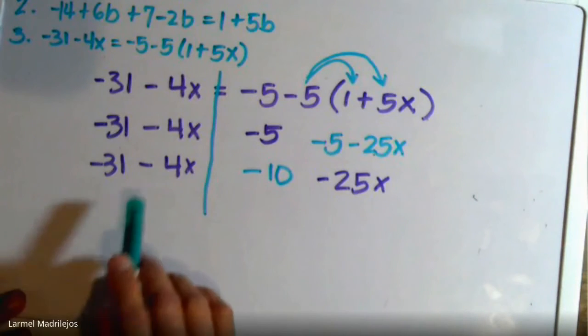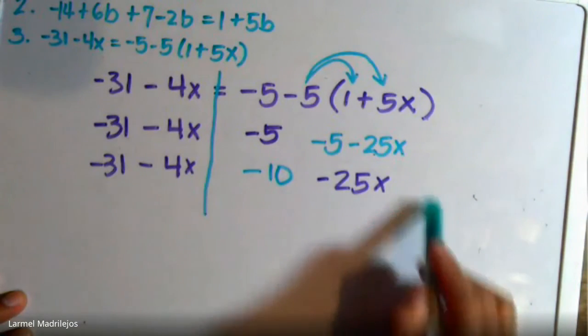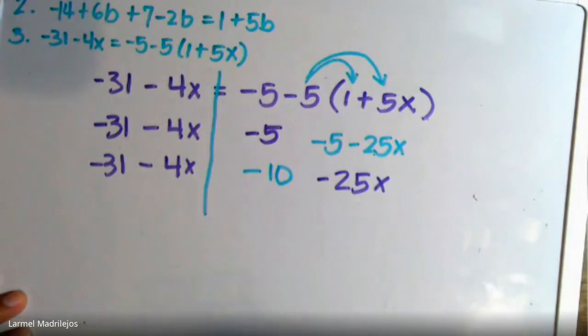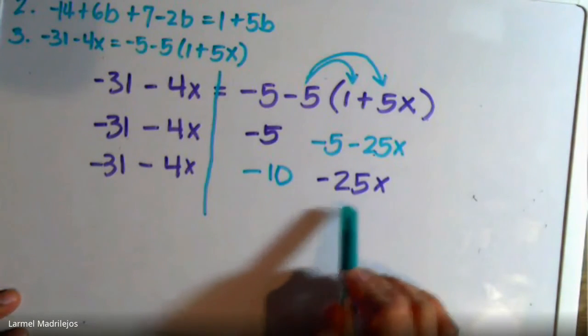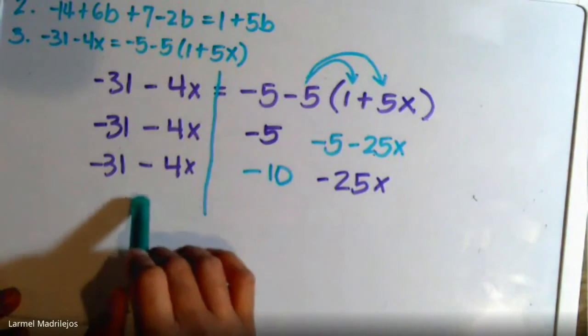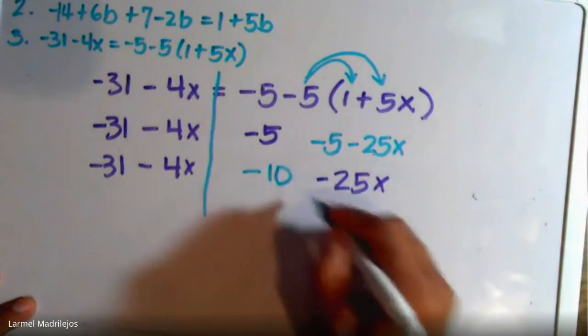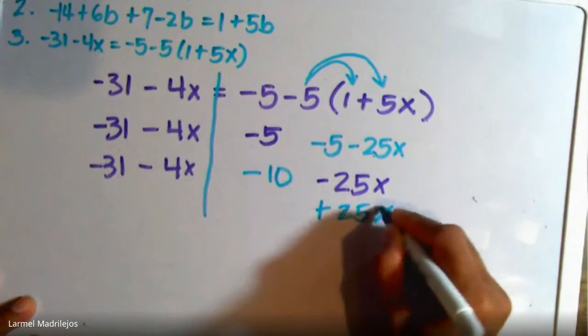So for me, if I move my plus 4x here and plus 4x there, this answer will still be negative. So I don't want that. I want my variable as positive. So I want this negative 25x to move to the left side of the equation. So the inverse of negative 25x is positive 25x.